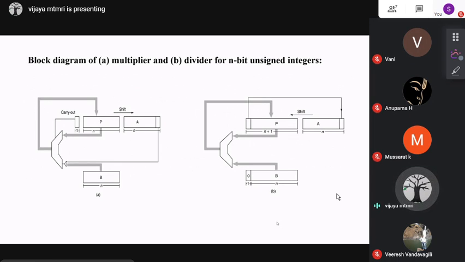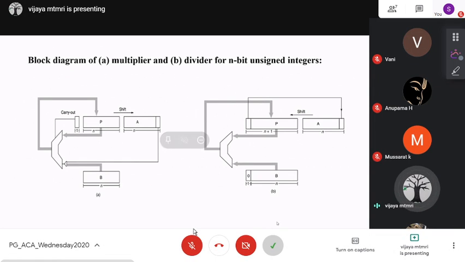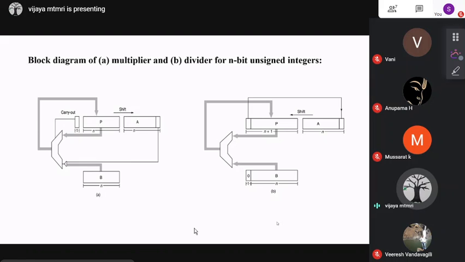So figure b is showing that each multiplication step consists of adding the contents of p to either b or 0, depending on the low order bit of a, replacing p with the sum, and then shifting both p and a one bit right.